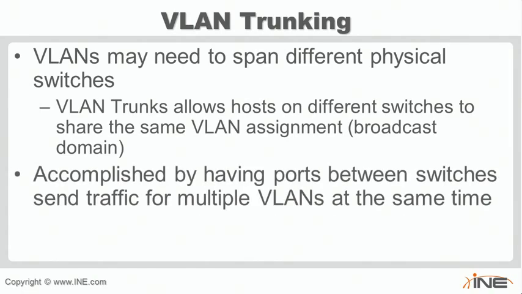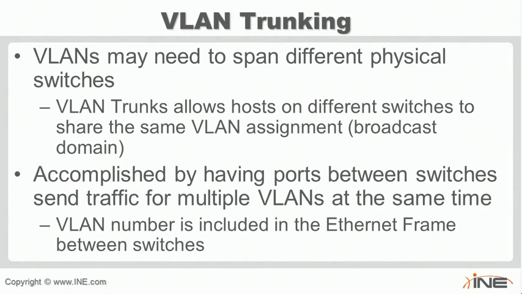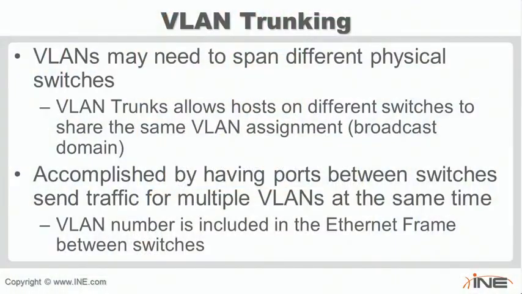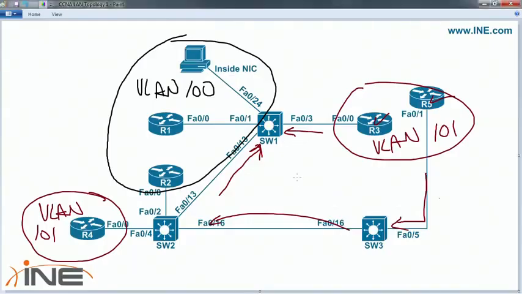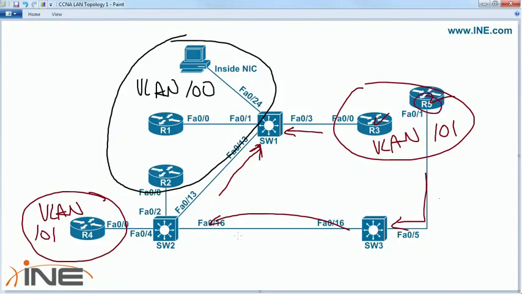And the way that this is accomplished is that when we build the layer 2 Ethernet frame, the switches are going to put the number of the VLAN as an additional field. So when they receive the packets, they know which virtual LAN it's corresponding to. So in this example, switch 3 and switch 2, when they exchange traffic from router 5 going to router 4, inside the Ethernet header, they're going to put number 101 in there.